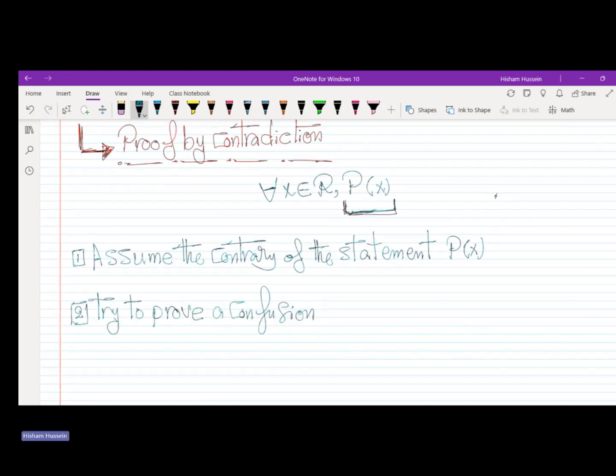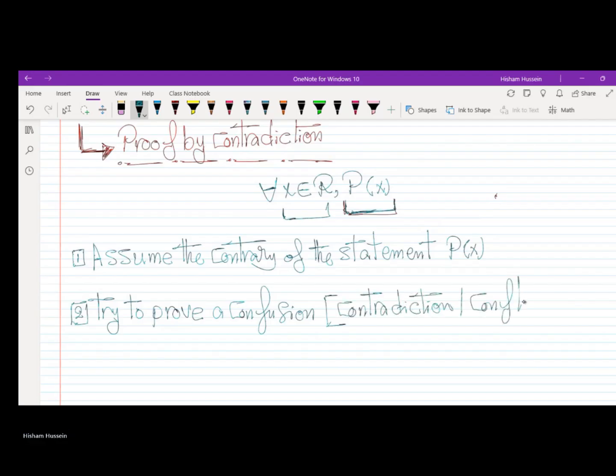In step 2, I'll try to prove there exists some sort of confusion, some sort of contradiction, some sort of conflict between the assumption and what I need to prove.